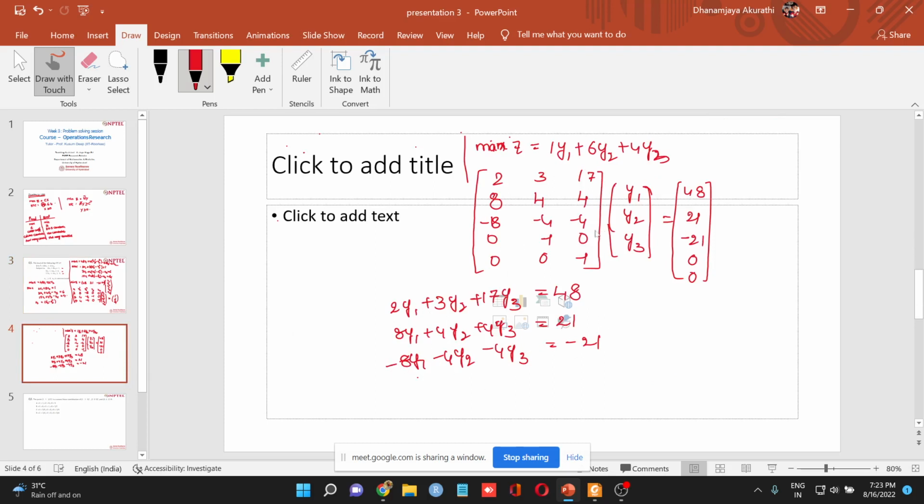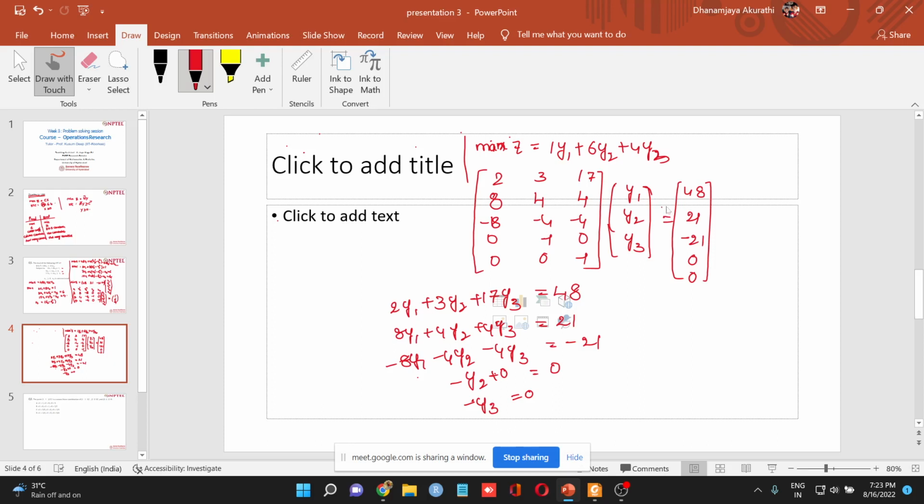And in this, we can say 0 into y1, minus y2, 0 into y3, that is equal to 0, and minus y3 is equal to 0.